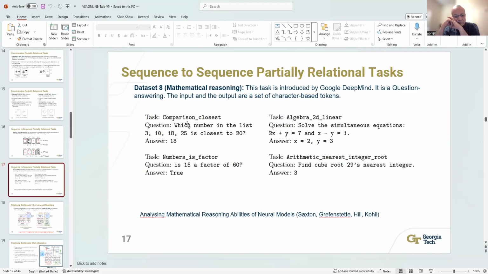For example, here we have a comparison: which number in the list is closest to 20, and the model needs to guess that the answer is 18. The input and the output are tokens, and they are tokens of characters.